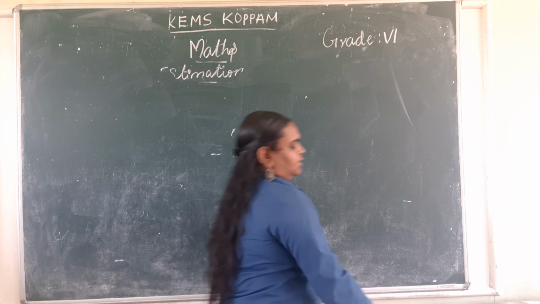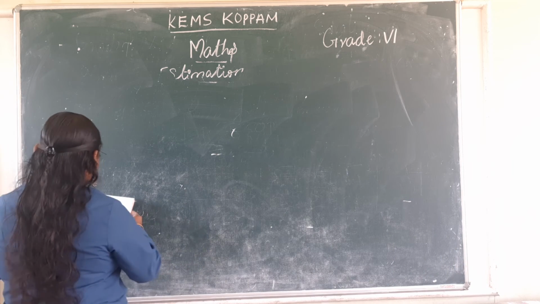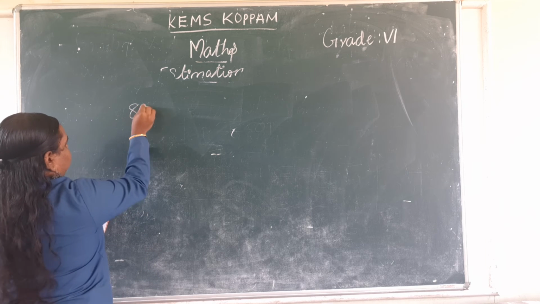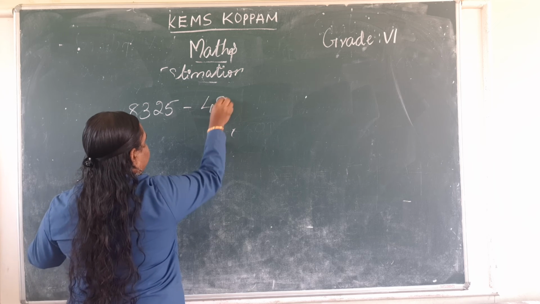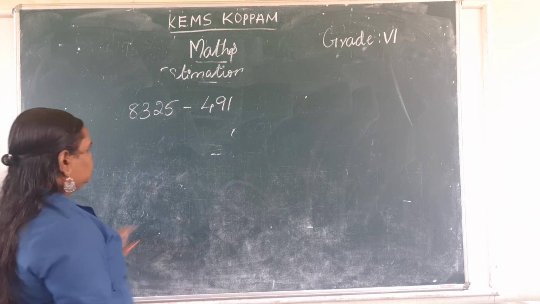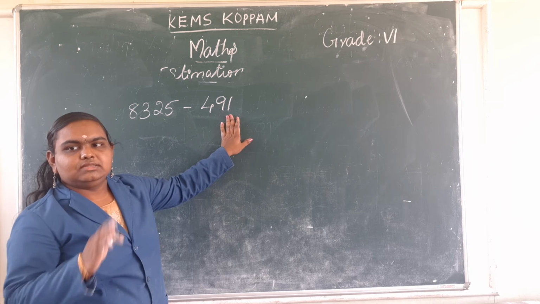Next one. I am writing one number: 8325 minus 491. See the numbers. This has 4 digits, but here there are only 3 digits.